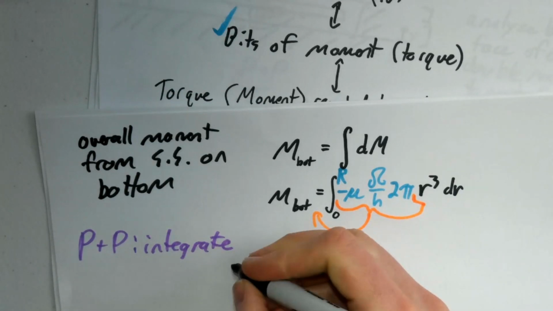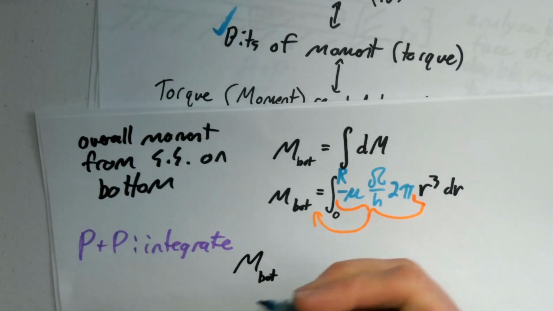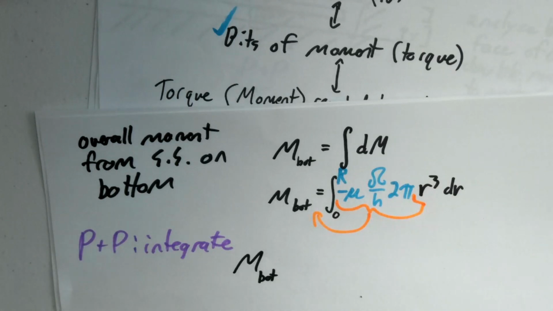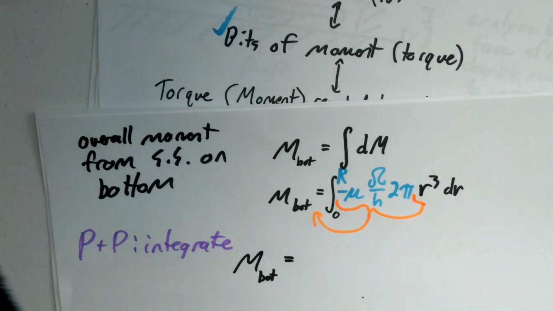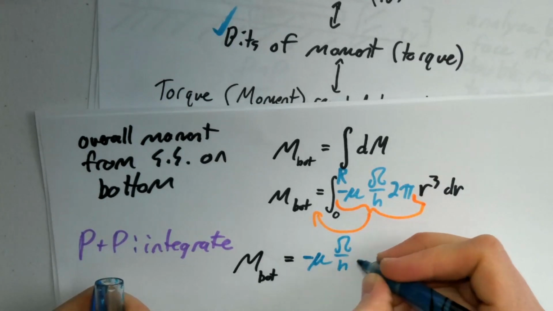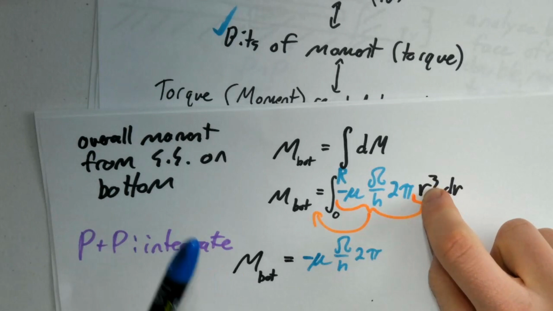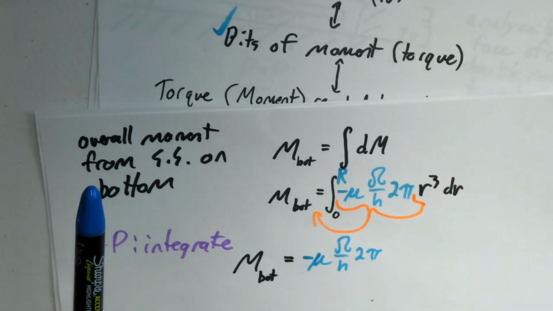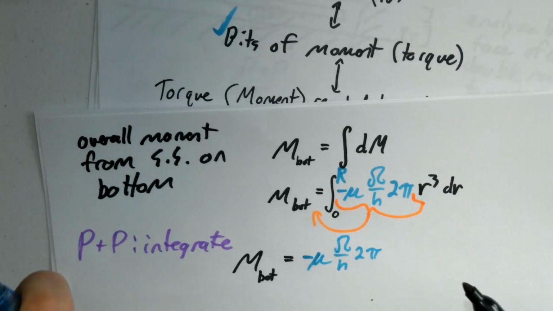So in this case, the moment associated with shear stress on the bottom of the disk is going to be equal to minus mu omega over h 2 pi. And then if we integrate r cubed, remember, when you integrate you increase the exponent by 1 and then do 1 over whatever that new exponent is.